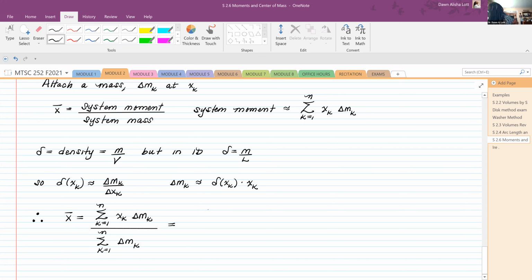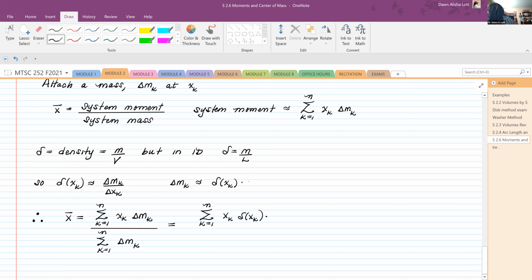So this becomes the sum k equals 1 to n of xk times delta of xk times the change in xk. I apologize, now I see my mistake, that's why I was confused.